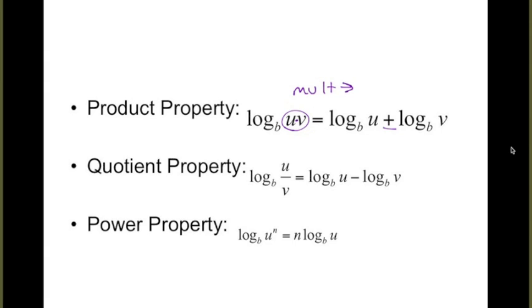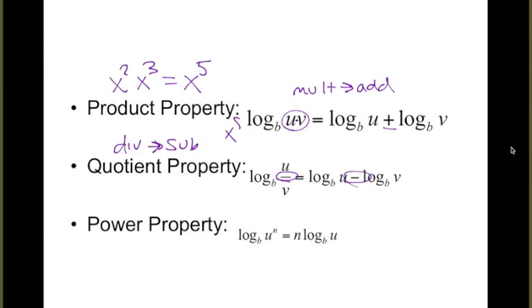So multiplication becomes addition, just like we said before with exponents. For a quotient, a division becomes a subtraction, just like with exponents, if I had a division, it became a subtraction.